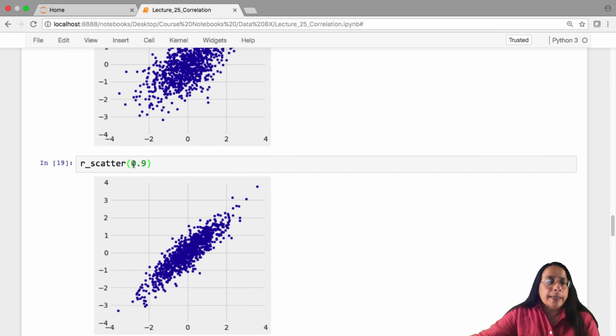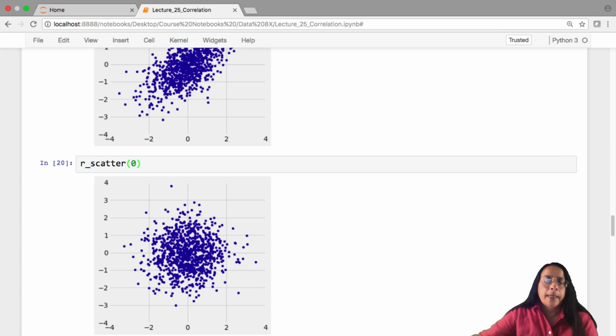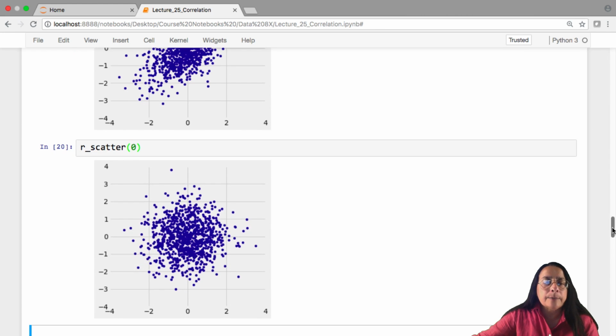It's well worth looking at R equals 0. That is one scatter diagram where you see no linear association. That's a blob. But that is not the only kind of scatter diagram where you see that kind of association. Indeed, all of these examples show you one scatter diagram that has the specified correlation. There can be many other shapes.